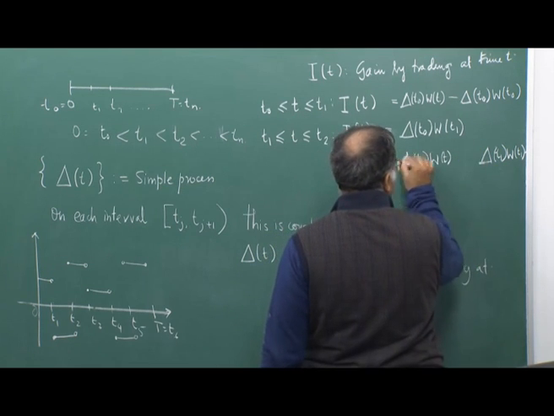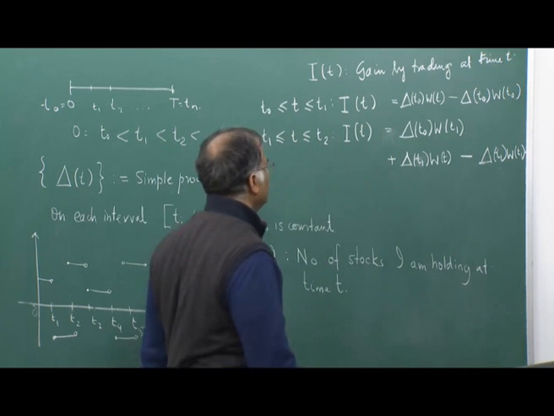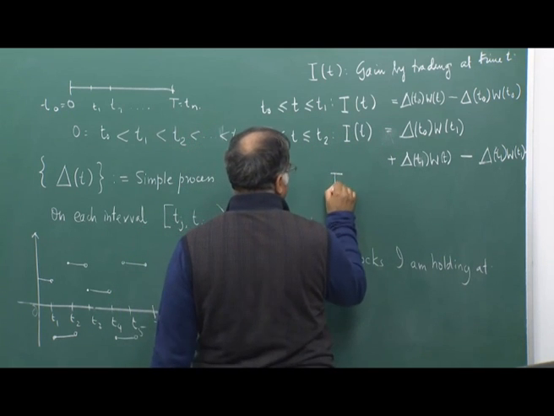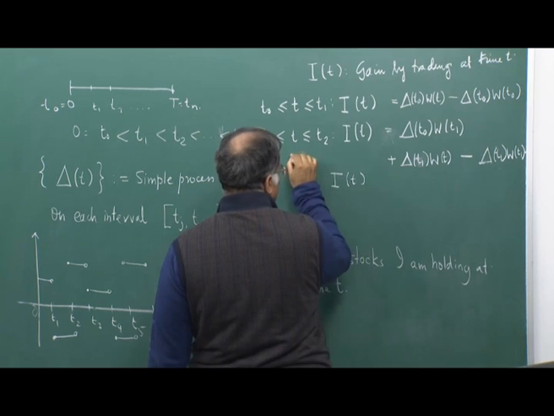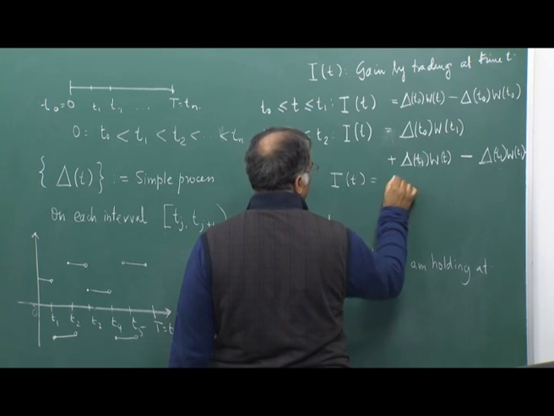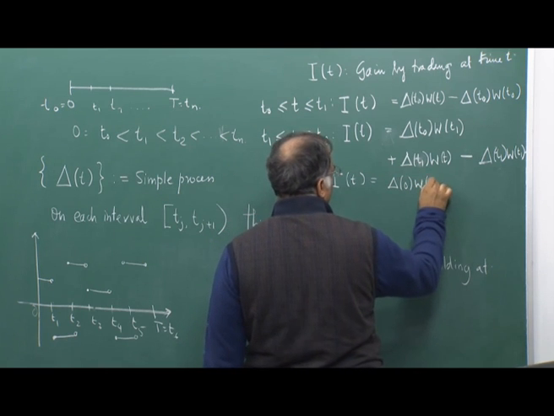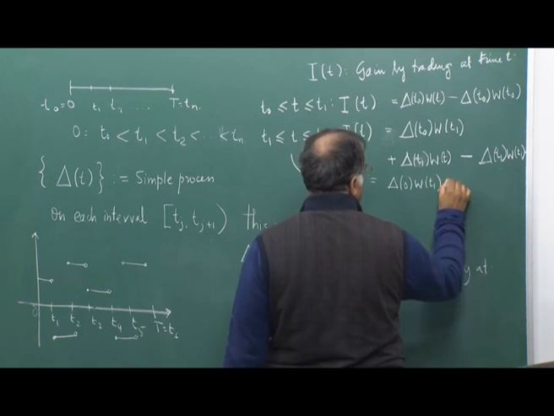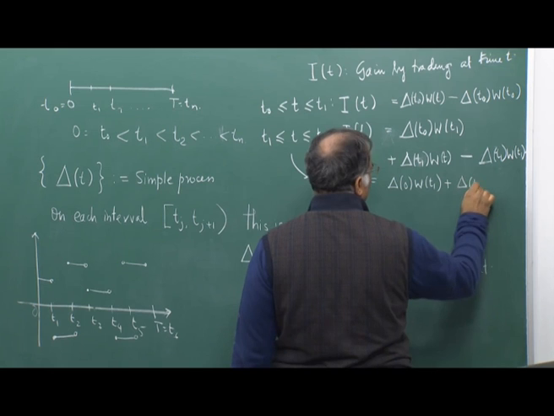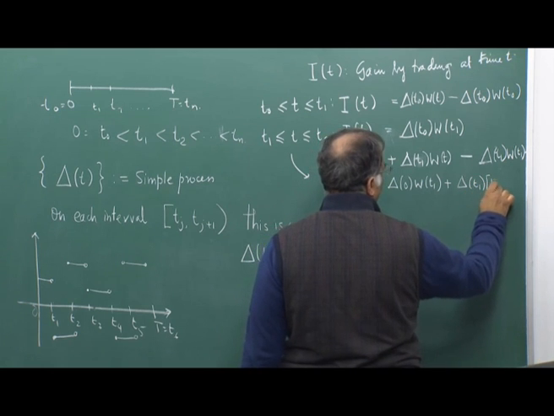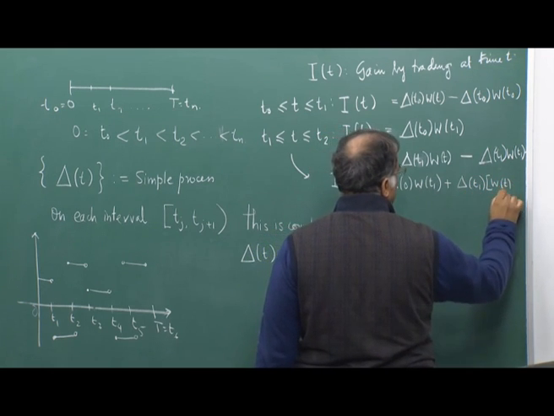So, it will be this minus this, which I can also write nicely as It in this particular case. It is delta 0 Wt1 plus delta t1 (Wt minus Wt1).